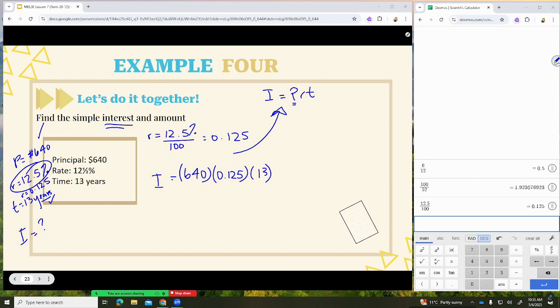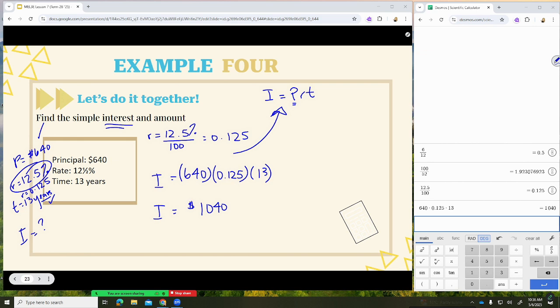So we are going to say 640 times R, 0.125, times 13, which is our time. That means that the interest is $1,040.